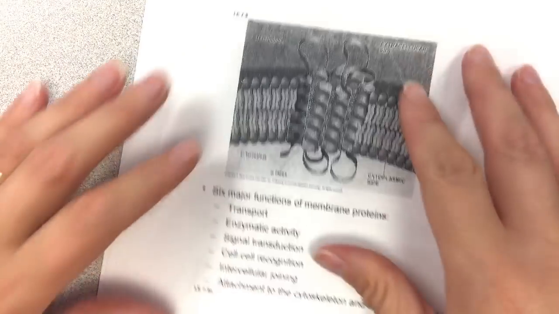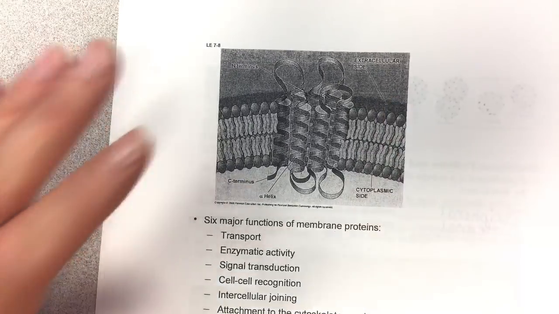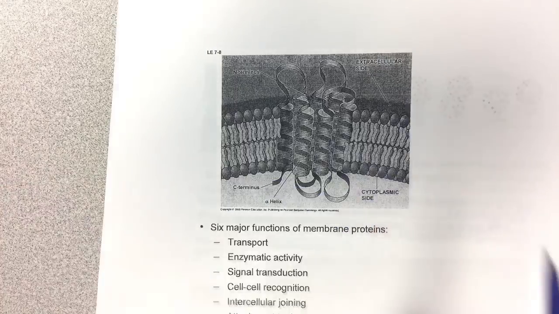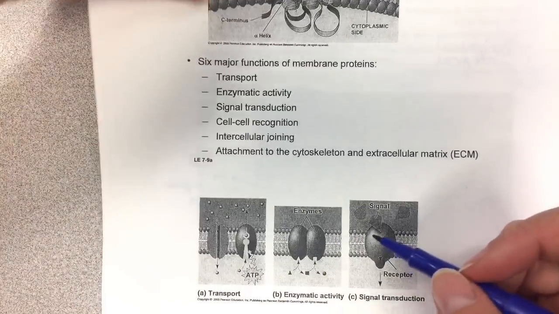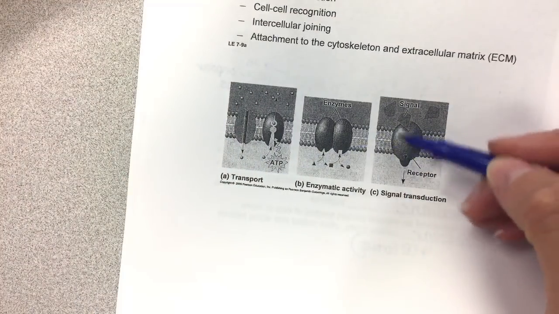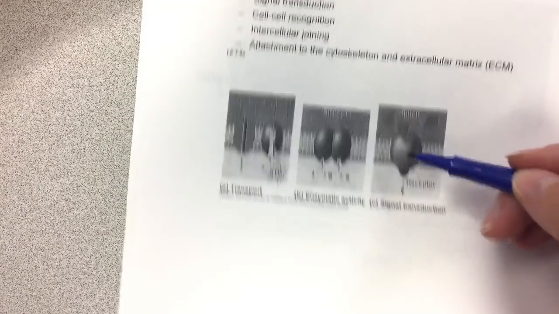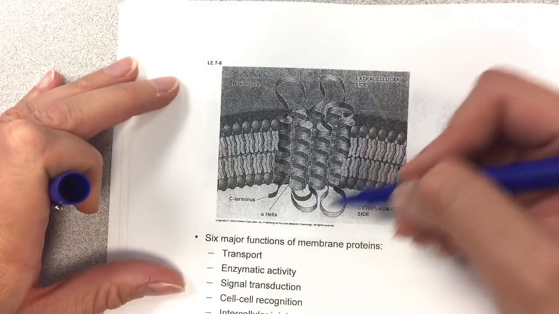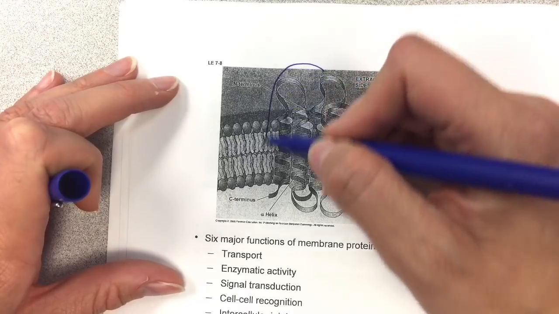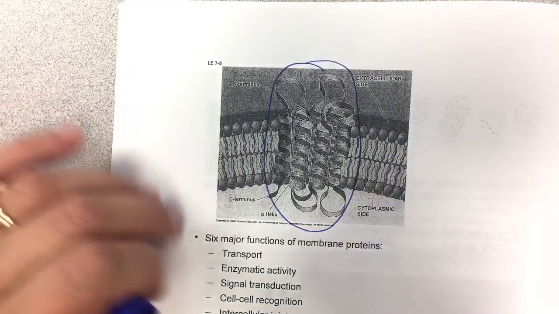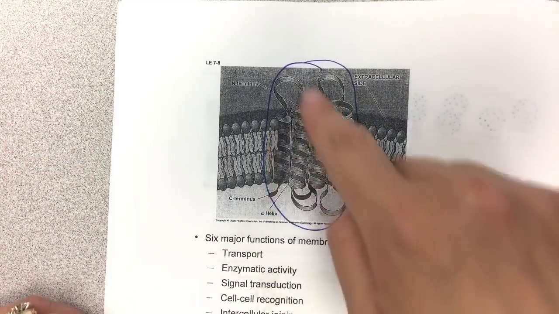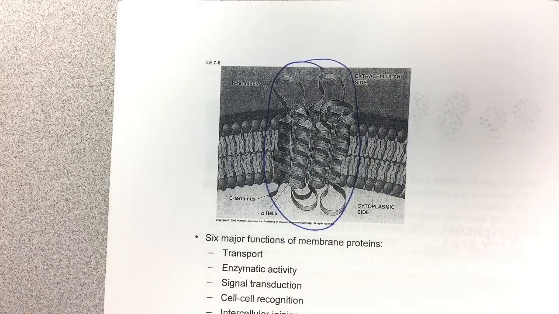Let's turn the page here. So that's what this picture is showing you here. Let's look at just this one down here. This blob in the membrane is a protein, but realistically it is a chain of amino acids. So here's your big protein embedded in the membrane, but that protein is made out of a chain of amino acids. And so that's what this is trying to show you.